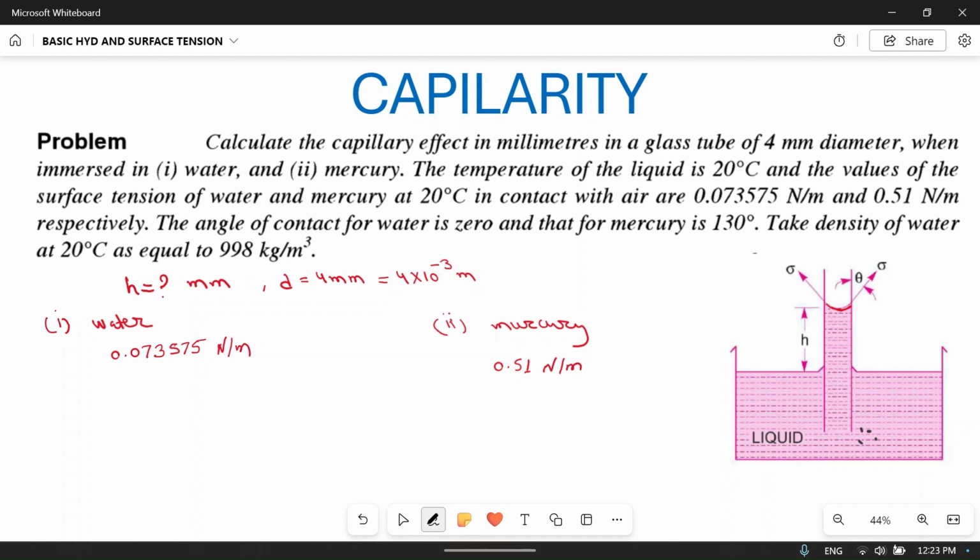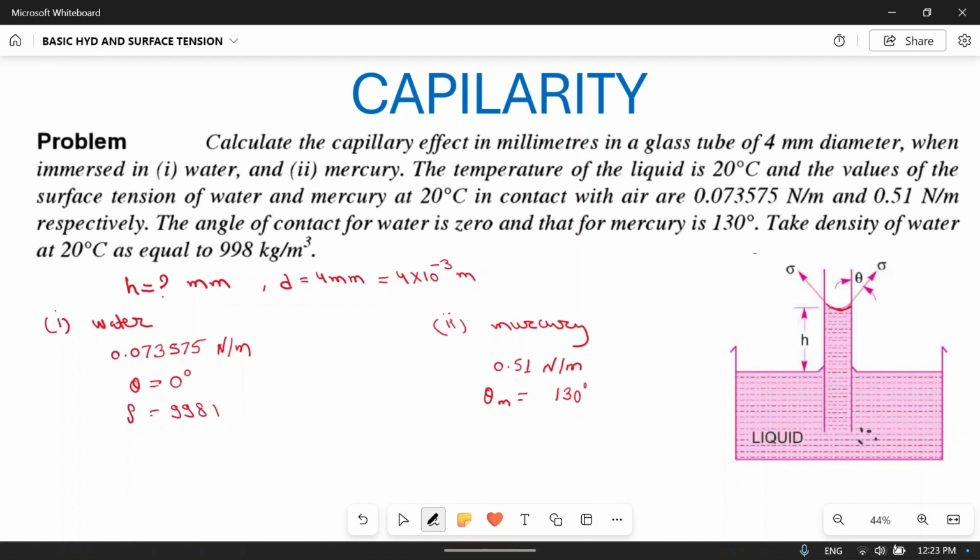The angle of contact for water, theta, this angle theta you can see, is 0 degree, and theta for mercury is 130 degree.